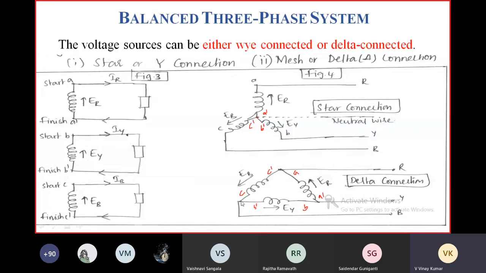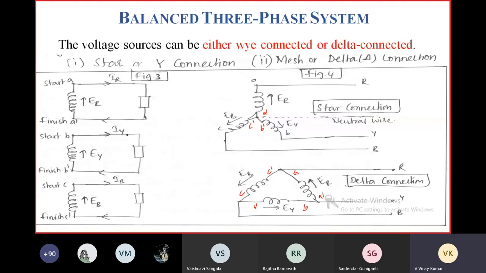C B dash, these two are also dissimilar ends. A dash B, these two are also dissimilar ends. So by connecting all dissimilar ends together, we form delta connection. If all similar ends, you can also connect like this: A, B, C connected together, that will also form star connection.